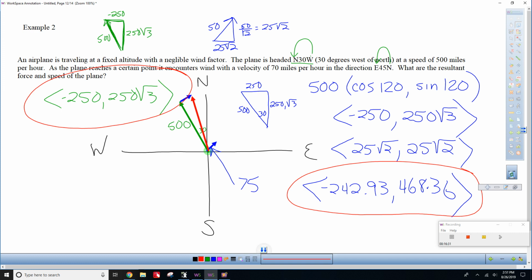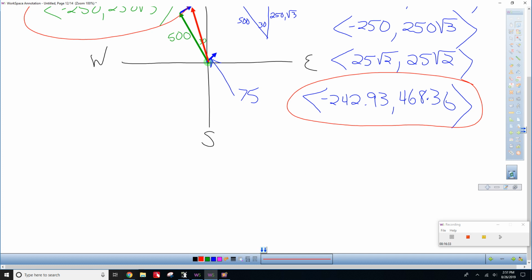Now, let's use this to get an exact speed. So let's just plot this. Just a rough sketch of this red vector. It's going to be that, is what we think.